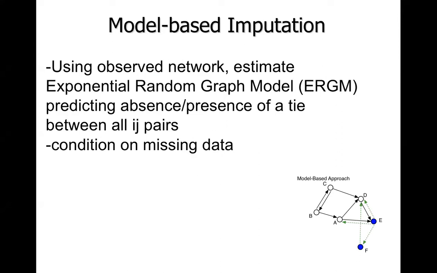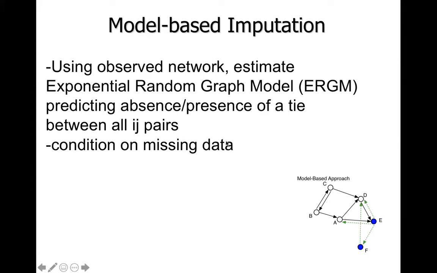I will assume you are somewhat familiar with these models from other tutorials, where you predict the absence or presence of a tie between all ij pairs in the network, based on things like edges and mutual reciprocity rate and homophily and these types of things. And this is conditioned on the missing data.